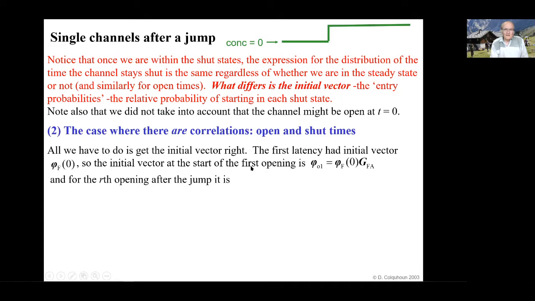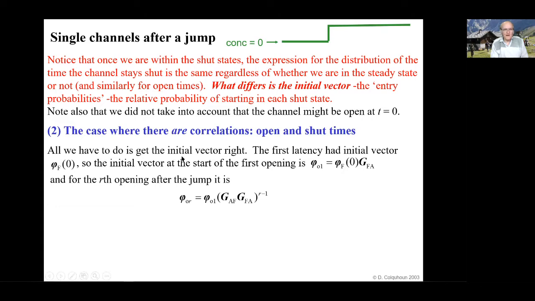So after the first latency, we get an opening, if any openings occur. So the initial vector at the start of the first opening is the initial vector at time 0 times the transition probabilities for opening, regardless of how long it takes. That's for the first opening after the jump occurs.